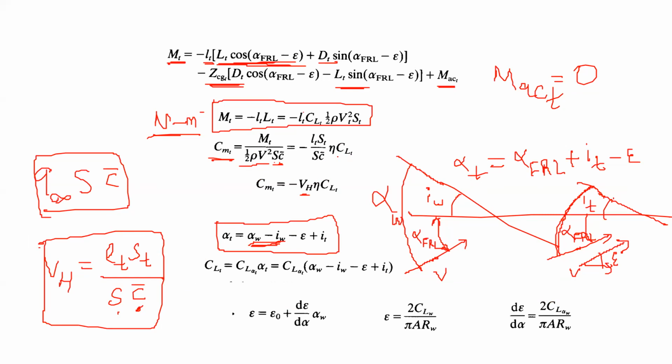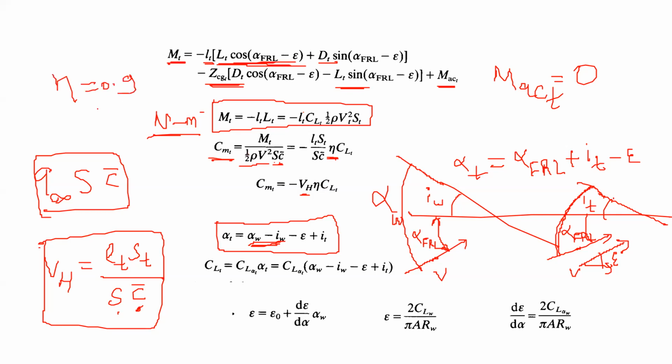Now, this is some factor, eta. This factor is included here because the dynamic pressure at the wing is different from the dynamic pressure at the tail. So let's say this eta is equal to 0.9.